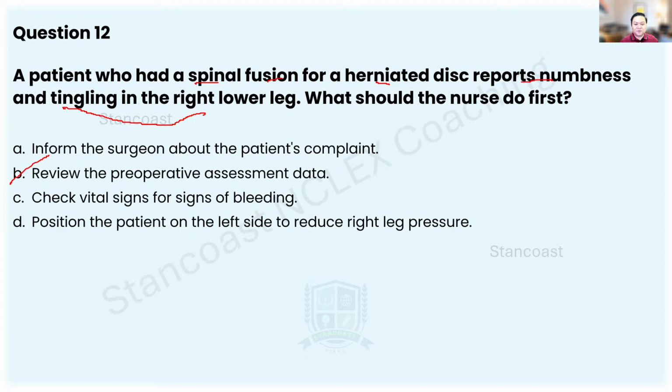The reason for that is to compare the current complaints of the patient, especially if these are neurological complaints. We have to be very careful before we make a phone call. Make sure that we have baseline information. Is it quite the same, or is this a new finding of our patient? So if this is a new finding, or if there is worsening of the symptoms, then that's the time we're going to make the call.